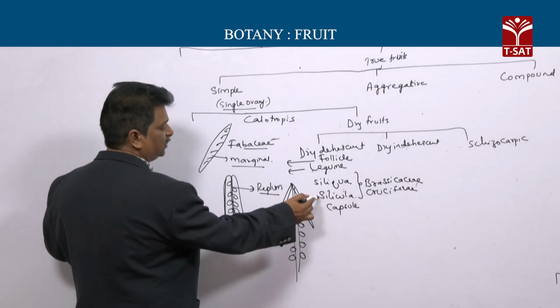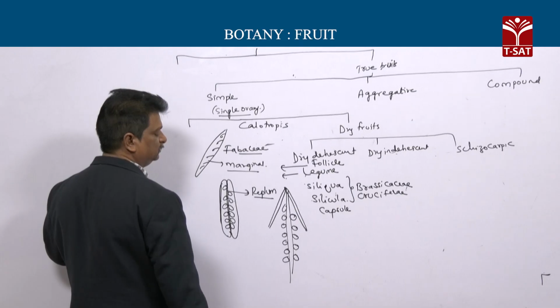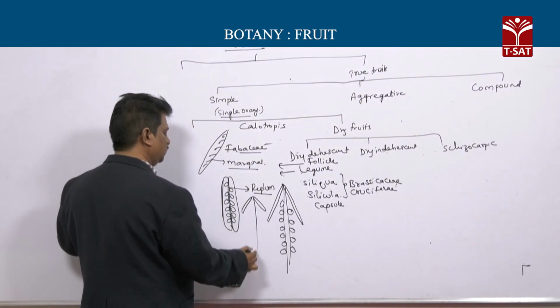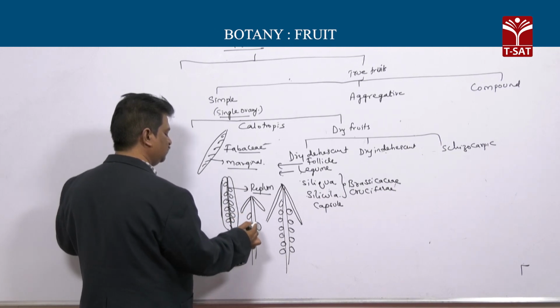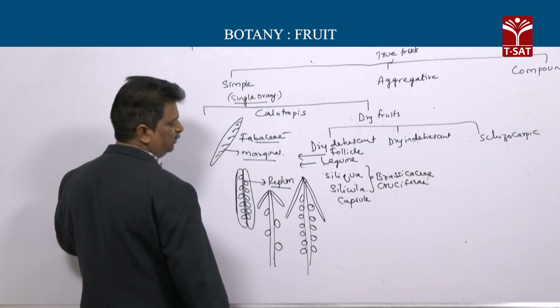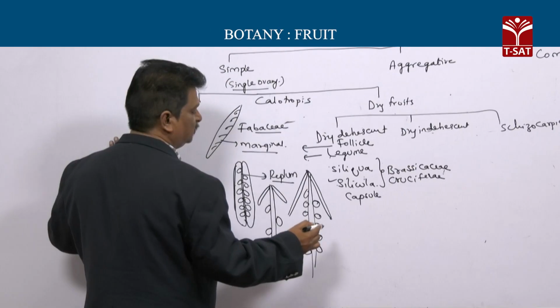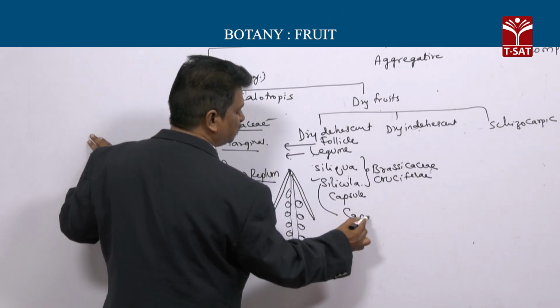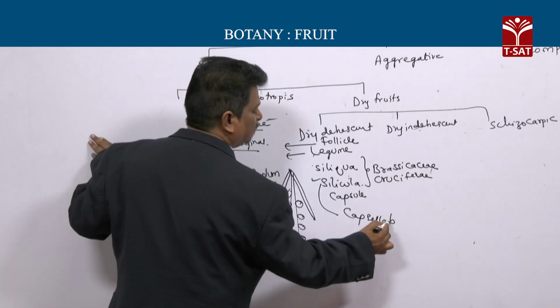Another type, silicula. This silicula is exactly similar to siliqua, but this silicula contains only a limited number of seeds. So a siliqua with a limited number of seeds is called a silicula. Example for silicula, Capsella.